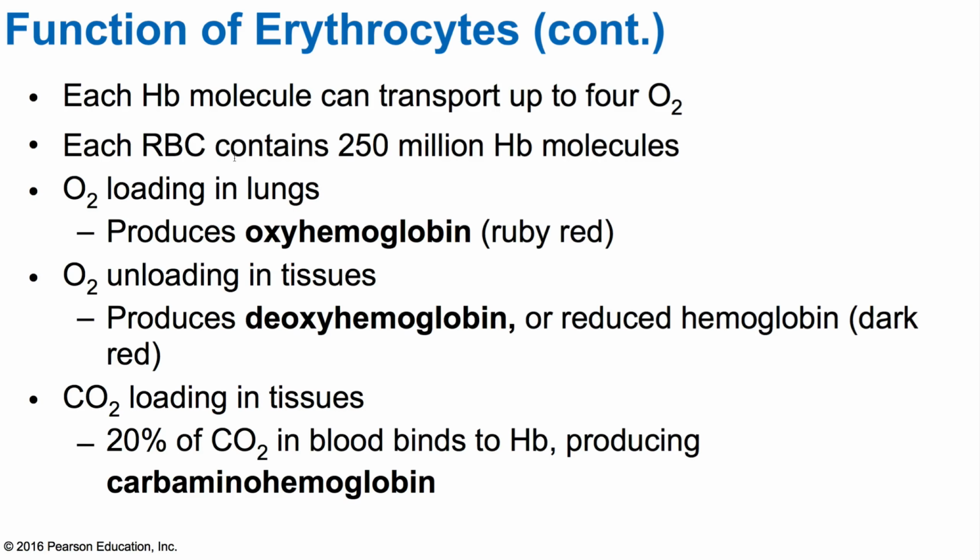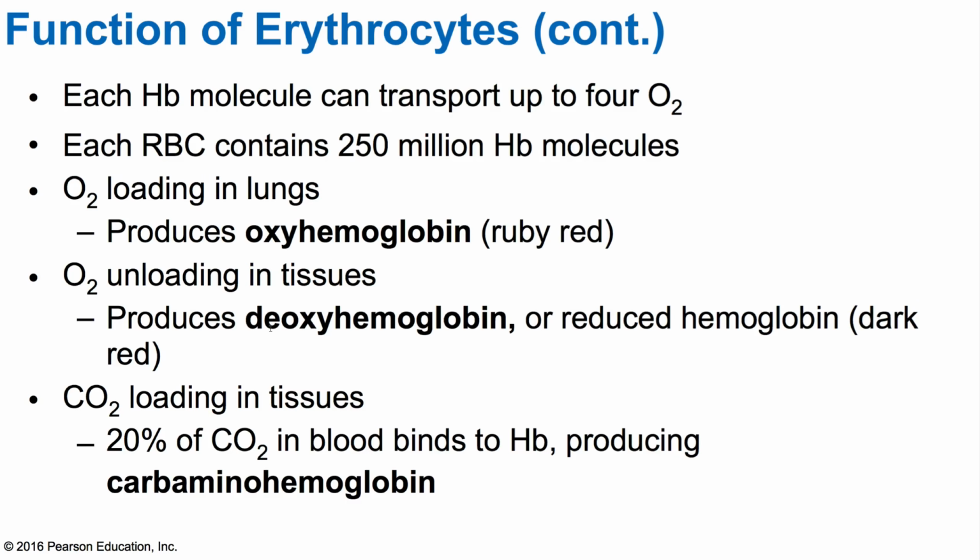That's quite fascinating. So when the oxygen is bound to hemoglobin, it's referred to as oxyhemoglobin. In appearance, it has this bright red, ruby red color to it. When the oxygen is unloaded to the tissues, so the oxygen leaves, we refer to this as deoxyhemoglobin.